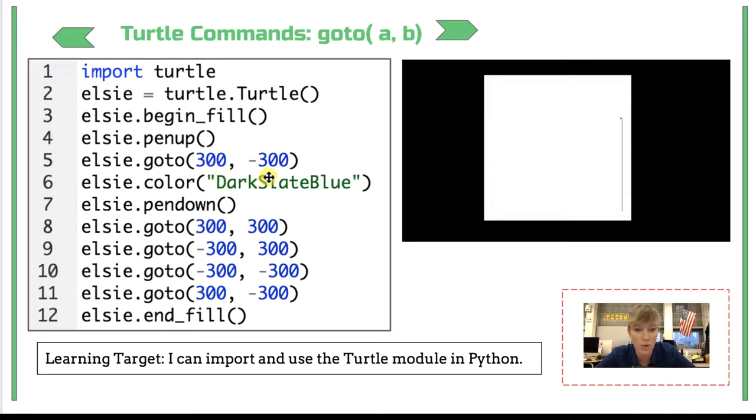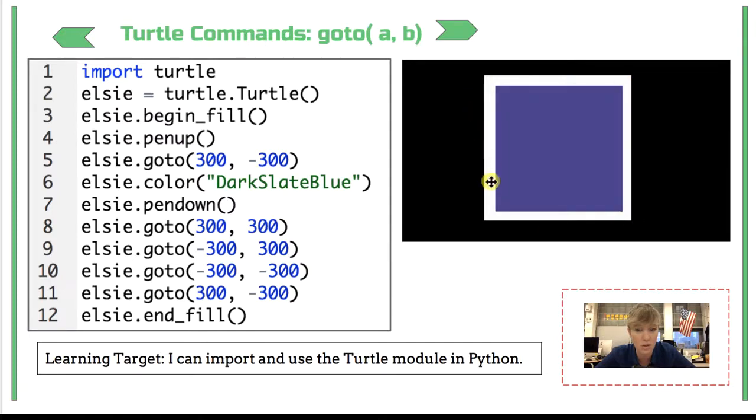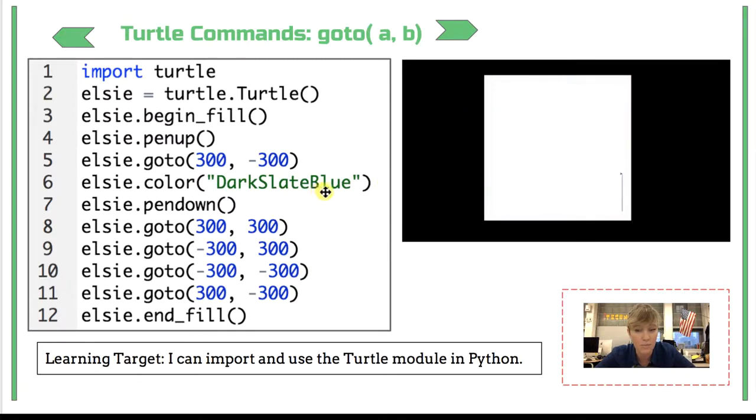I used my begin fill to start, and then I told it to go to different positions on the grid, and then I told it to end the fill, and that way the shape that I created that was enclosed will be filled.